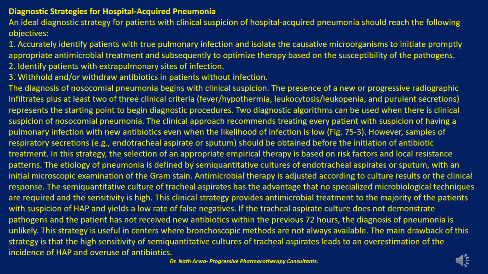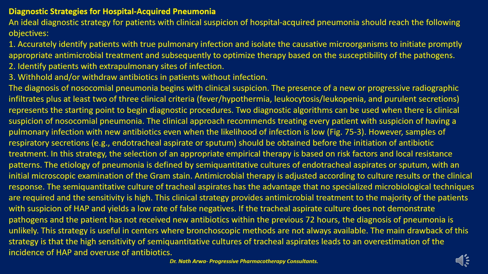In this strategy, the selection of an appropriate empirical therapy is based on risk factors and local resistance patterns. The etiology of pneumonia is defined by semi-quantitative cultures of endotracheal aspirates or sputum, with an initial microscopic examination of the Gram stain. Antimicrobial therapy is adjusted according to culture results or the clinical response.